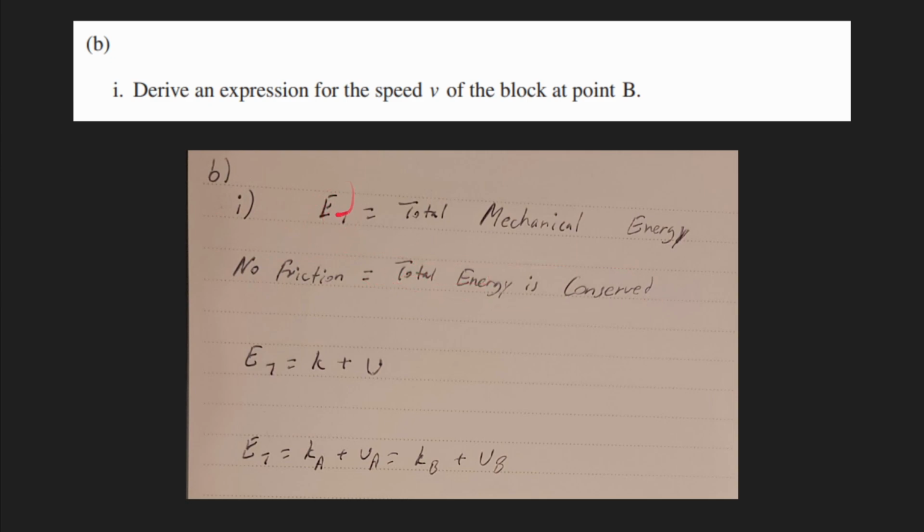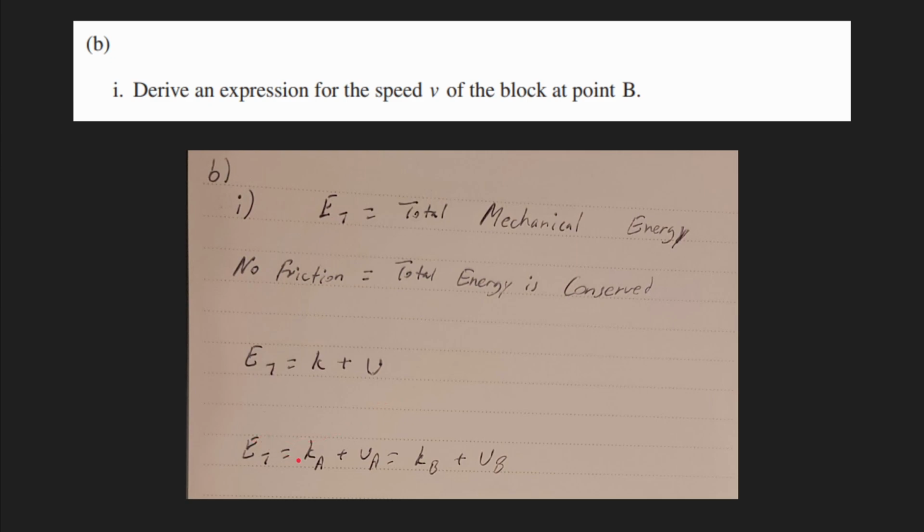This value doesn't change. Since total energy is conserved, our total energy is equal to kinetic energy plus potential energy, and that's gravitational potential energy. Unless it's at the end where the spring is, but for all intents and purposes, that doesn't matter yet.